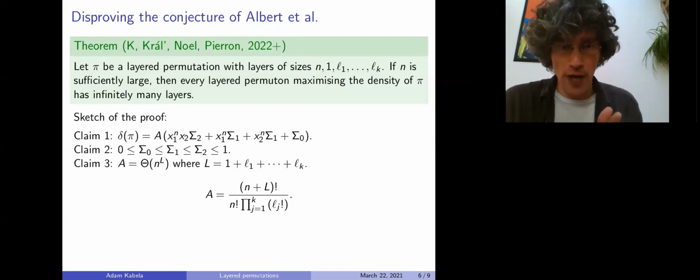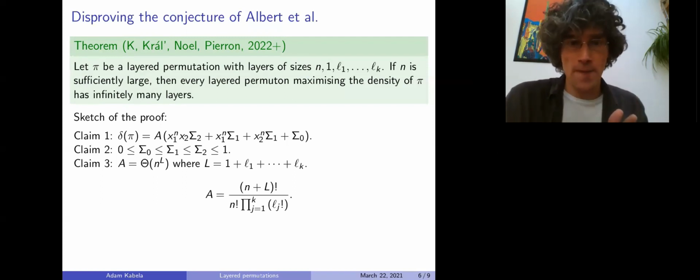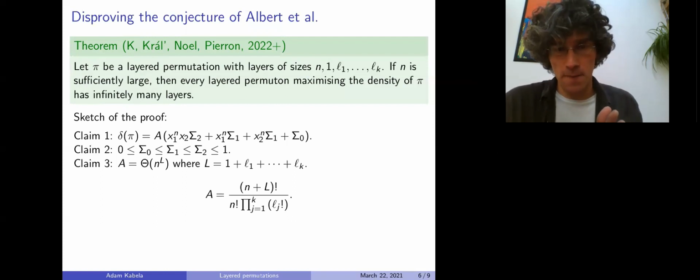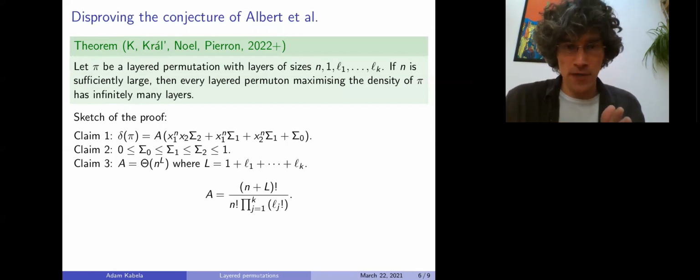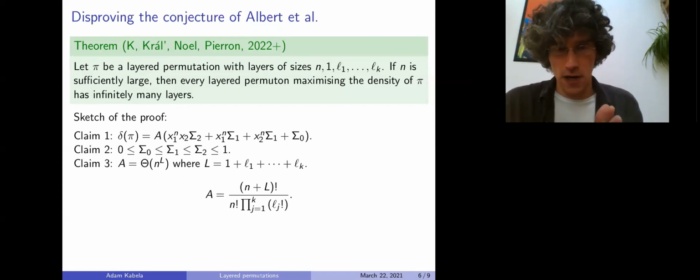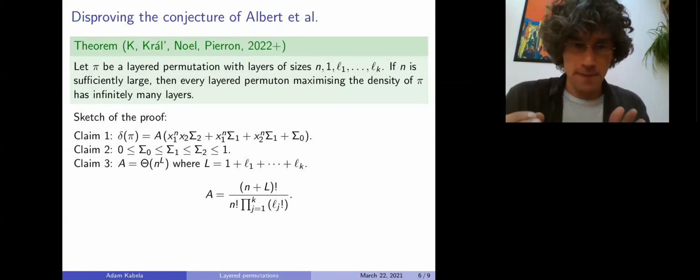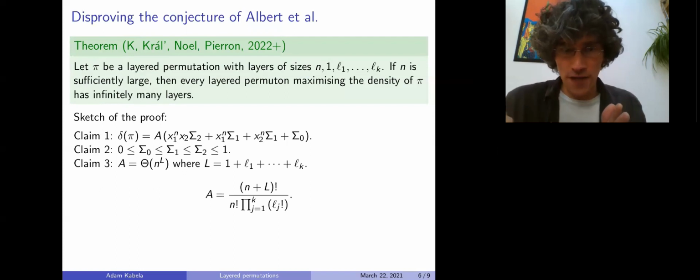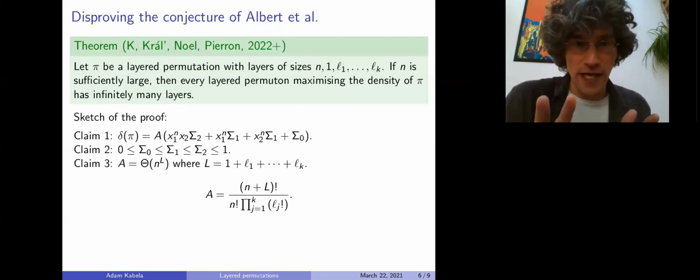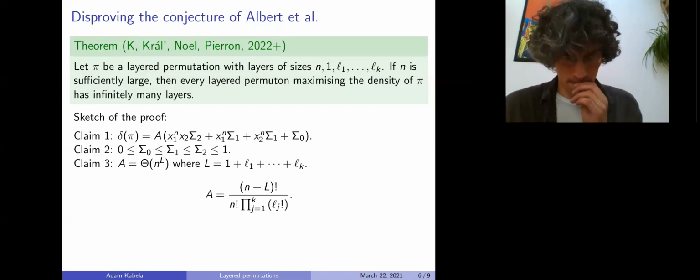Now, in order to do that, we think of A as a function of n, and we think what happens as n goes to infinity. And we recall the definition of A, and we note that as n goes to infinity, A is roughly of this size.